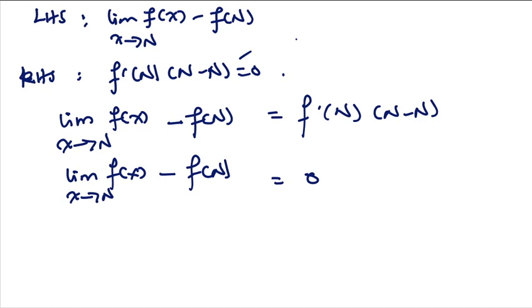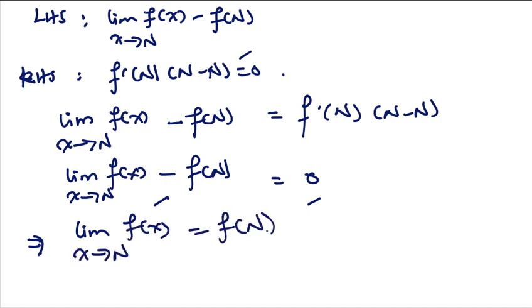Now, when the left hand side is equated to the right hand side here and the results are the same, then from here we can rewrite it this way. Limit of f(x) as x approaches n equals fn.